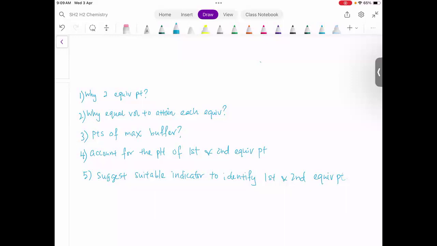But then how the second one? That's part of it.